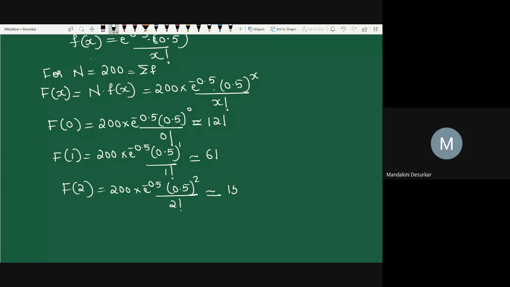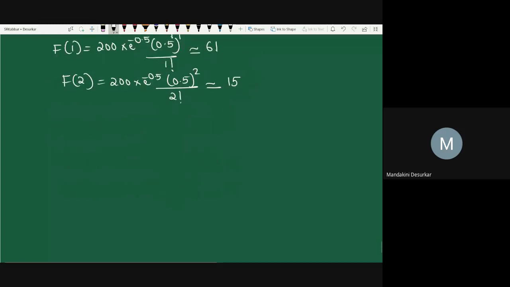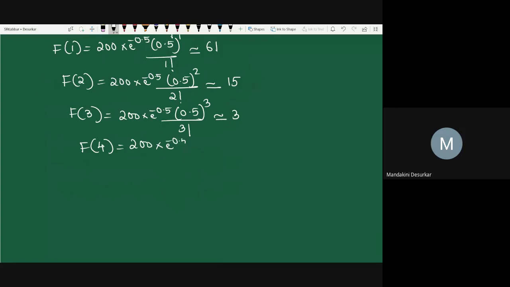So it is 15 only, because 15.16 is the value. F of 3, how much are you getting? 2.52 means it is nearly 3. Now f of 4, calculate for 4. It is 0.31. So it is approximately 0.